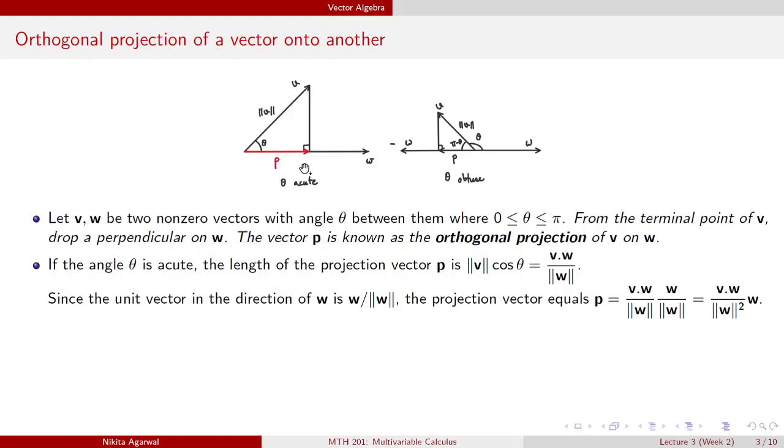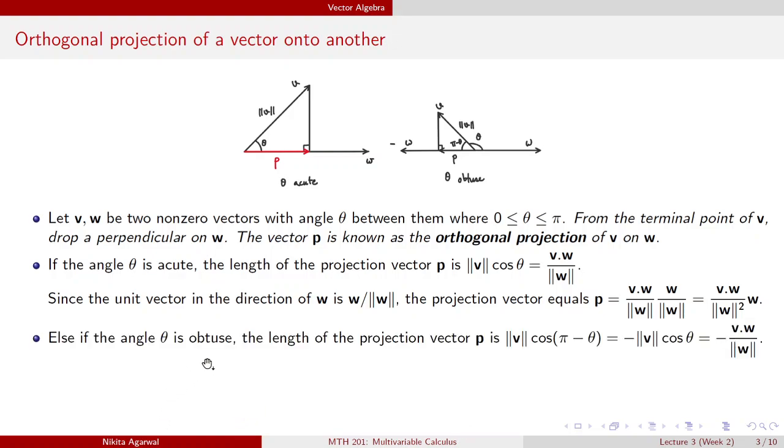So then what will be this projection vector P? It will be the length of this vector times the unit vector in that direction, which is W by norm W. If you put these two things together, you get V dot W divided by norm W square times W. So this is the vector that you get.